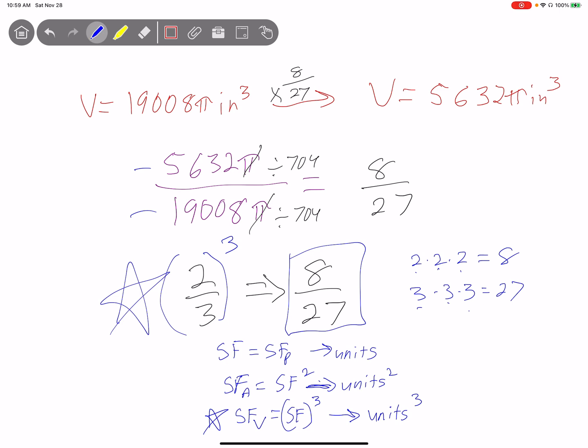And I would know that if I took 2/3 of the height and the radius, then the new volume would be 8/27 of the original volume. I wouldn't have to do all this work that I did on the previous page. One quick cube.